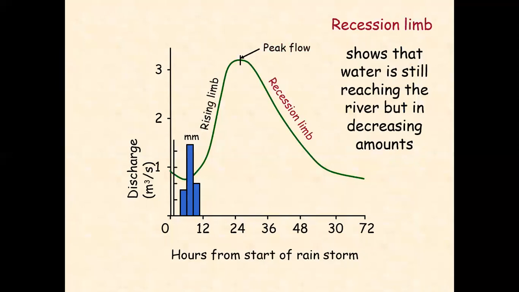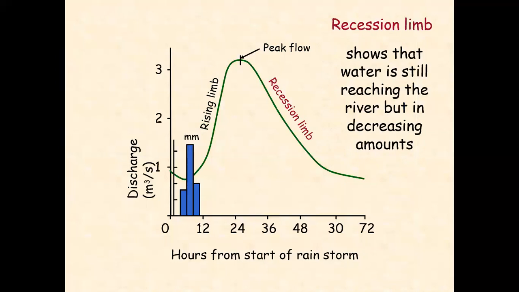Recession limb shows that water is still reaching the river, but in a decreasing amount. It is the descending portion of the hydrograph. It is also known as the falling limb. The falling limb extends from the point of inflection, the end of the crest segment, to the commencement of natural groundwater flow. It represents the withdrawal of water from the storage built up in the watershed during the initial phase of the hydrograph.